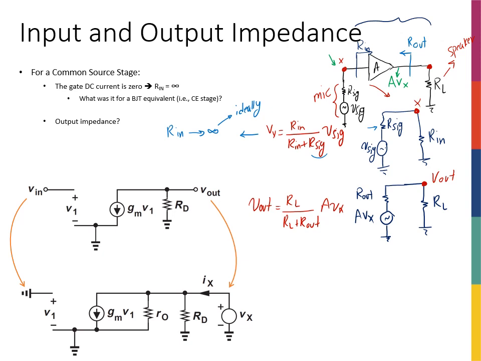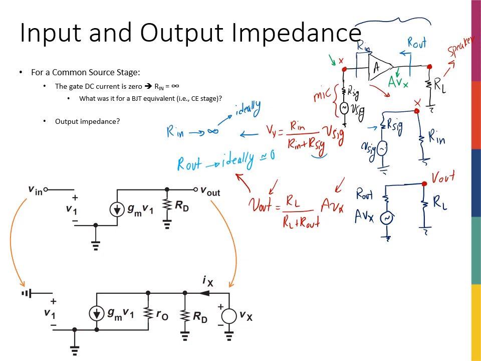So this tells me that if I want the majority of AVX to appear at V out, I want this fraction to be unity, therefore I want R out to be ideally 0, or as small as possible.